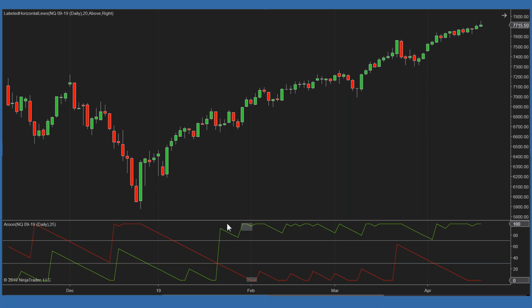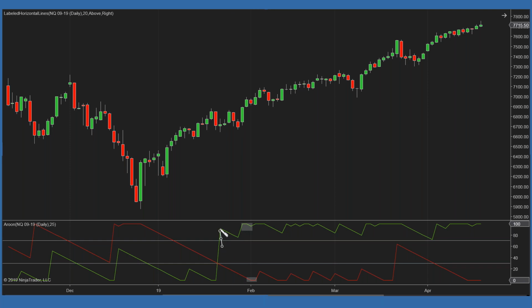So when it maxes out on the bullish side and it maxes out on the bearish side. That's a little extra confirmation that the market is trading at an extreme point. Then you actually have one more confirmation.